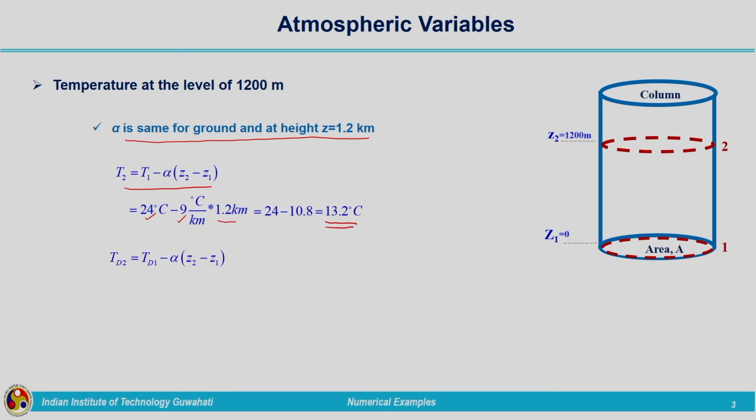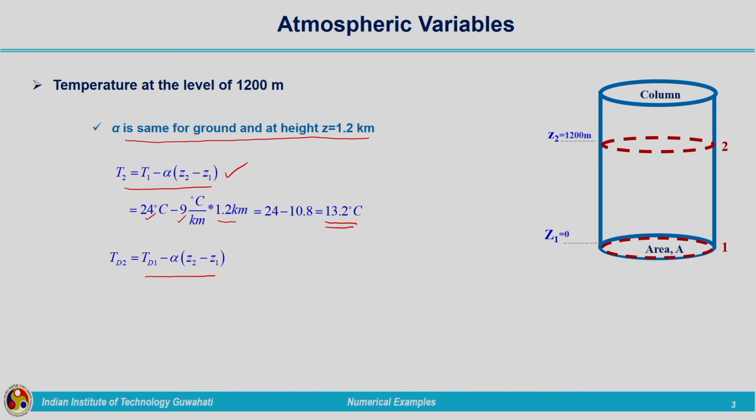Now, we need to calculate the dew point temperature at the elevation of 1200 meters, that is TD2. We are representing all the variables at section 2 with a subscript 2. So, for TD2, the dew point temperature at section 2, we can make use of the same lapse rate equation, given by TD1 minus alpha times (Z2 minus Z1).